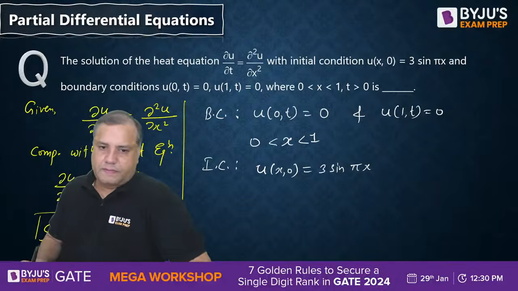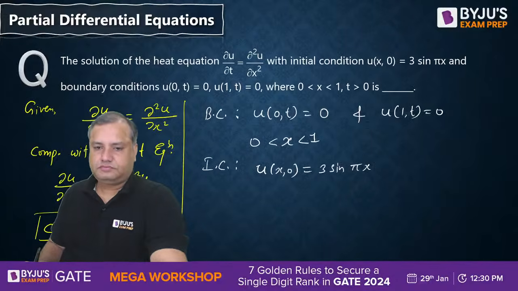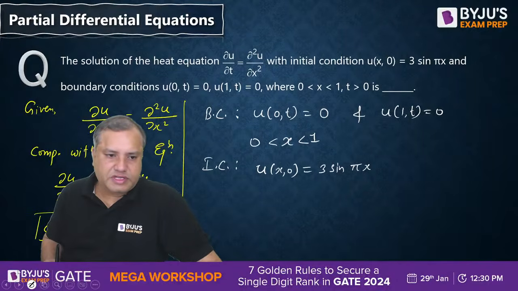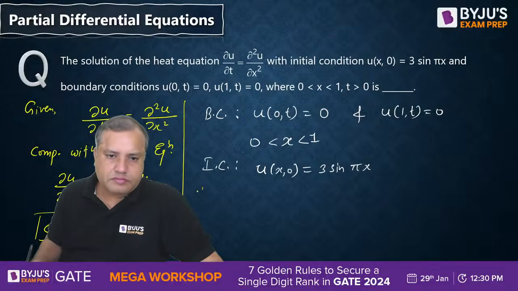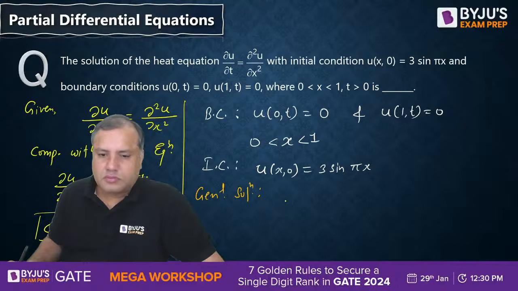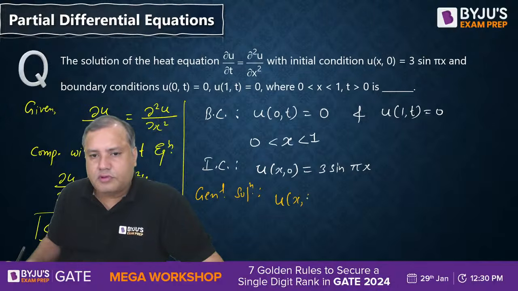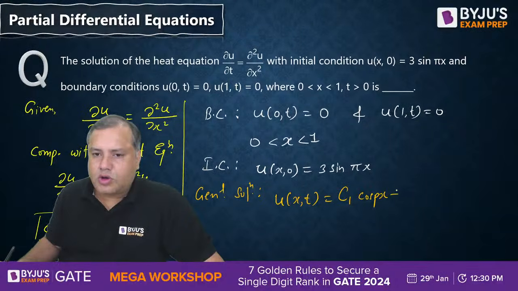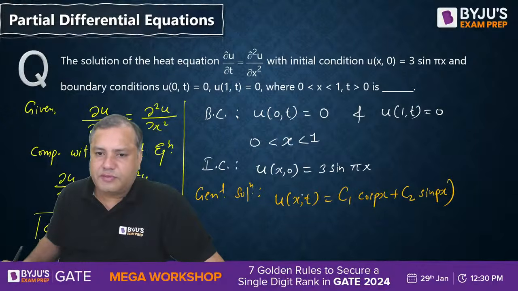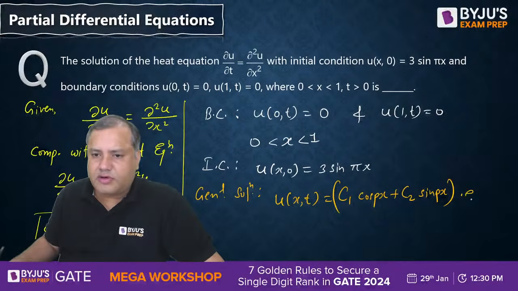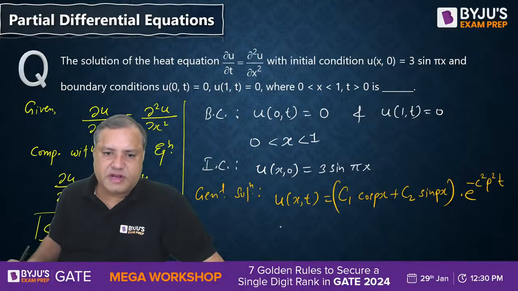Now what is the general solution you derived? U of x comma t equal to capital C1 cos px plus capital C2 sin px, and here you have e to the power minus c square p square t, but c square is already 1.